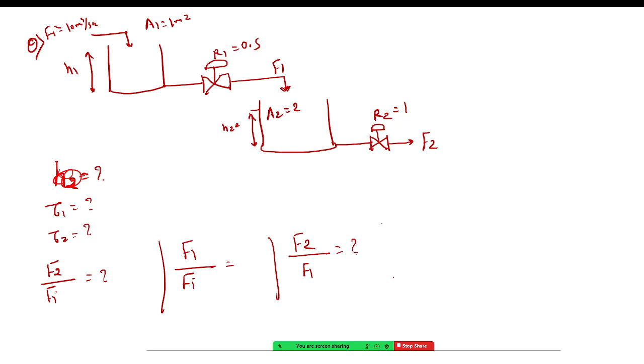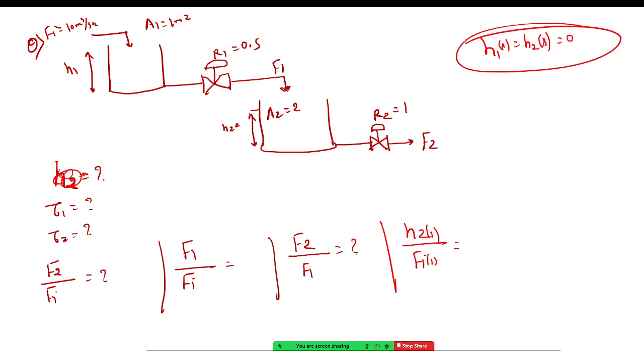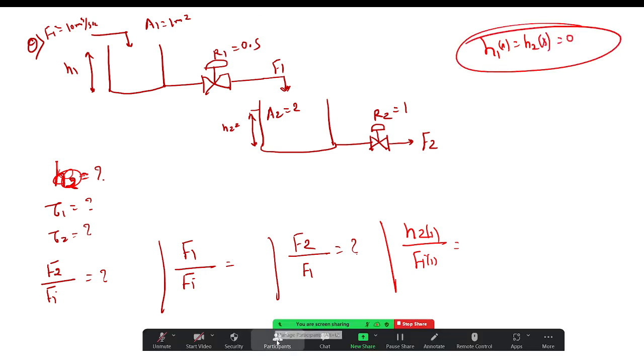So better you calculate the value h2 divided by fi, subject to h1s equal to h2s at steady state, let's say it is 0 right now. That's it. You can calculate this one, what I am writing over here, in the S domain only, right? That's it.